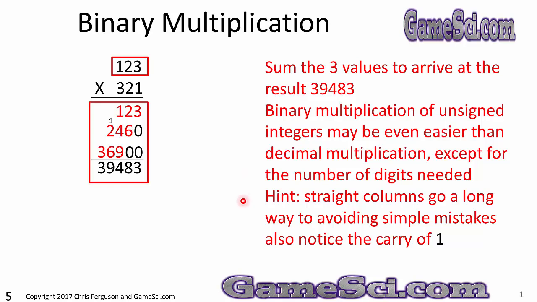Hint, straight columns will go a long way to avoiding simple mistakes. Also notice the carry of 1 that occurs right there. Line up your math with straight columns and it's easy to total up the columns. Put in crooked columns and it's going to be very difficult, and it'll be very difficult when you get to binary math.